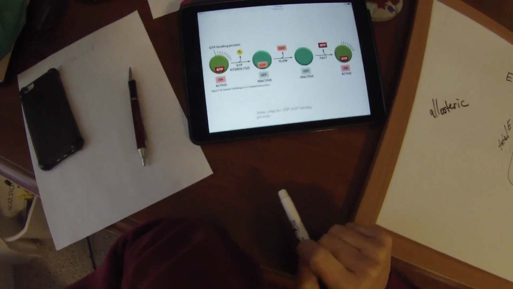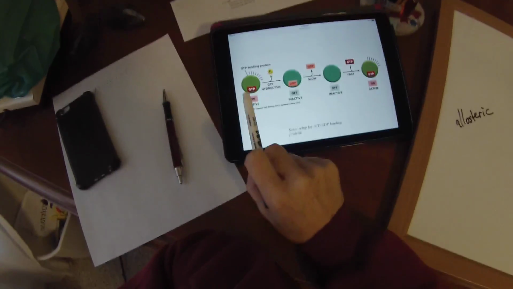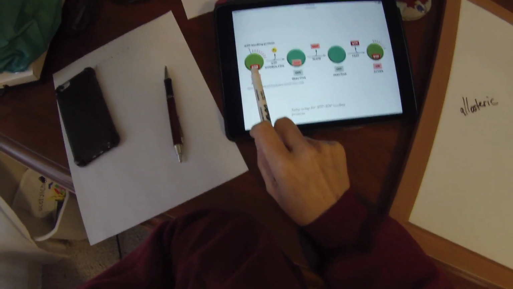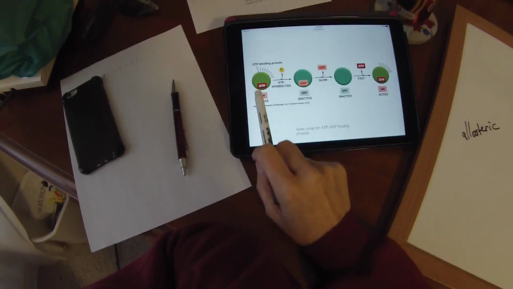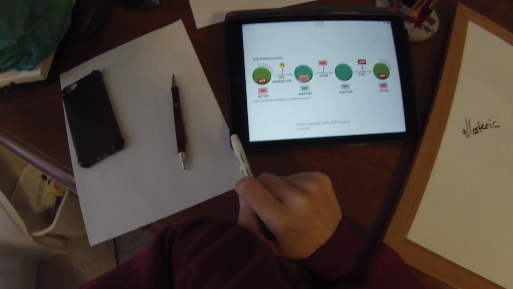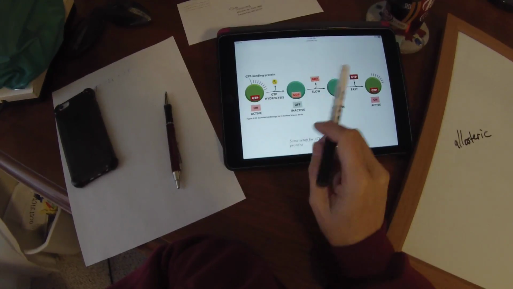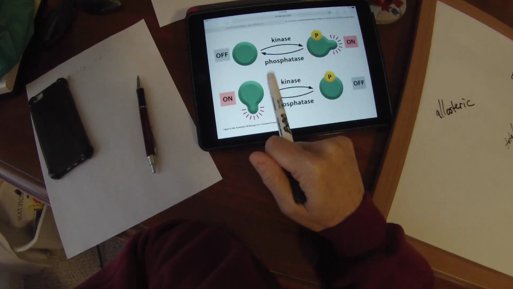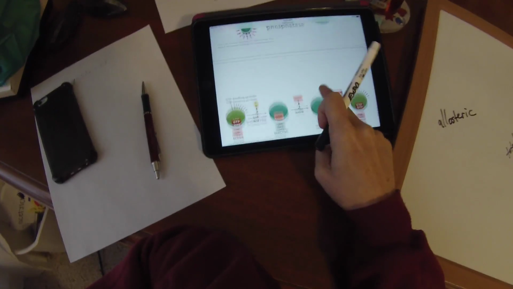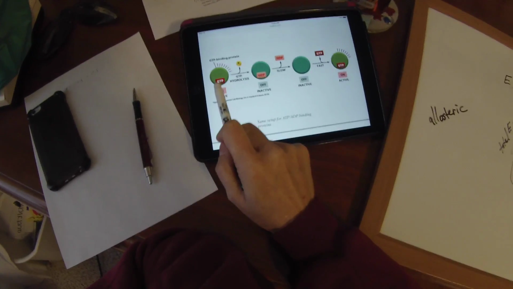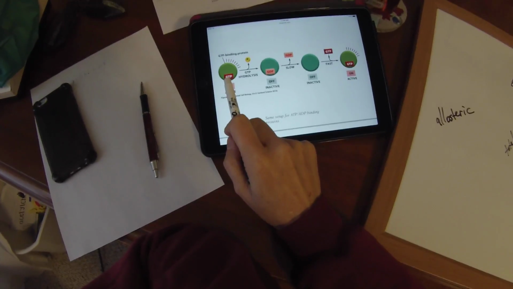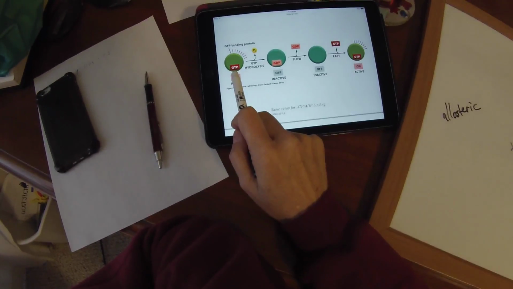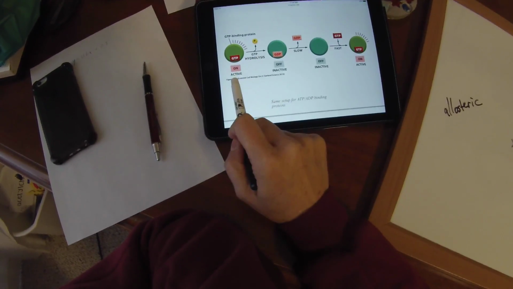Finally, GTP binding. For some proteins, they have a binding domain for GTP. GTP is guanosine triphosphate. Now, unlike phosphorylation with proteins, where for some proteins, when they're phosphorylated, they're on, and for others, they're off, when a molecule that has a GTP or GDP binding site is bound to GTP, it is on every time.